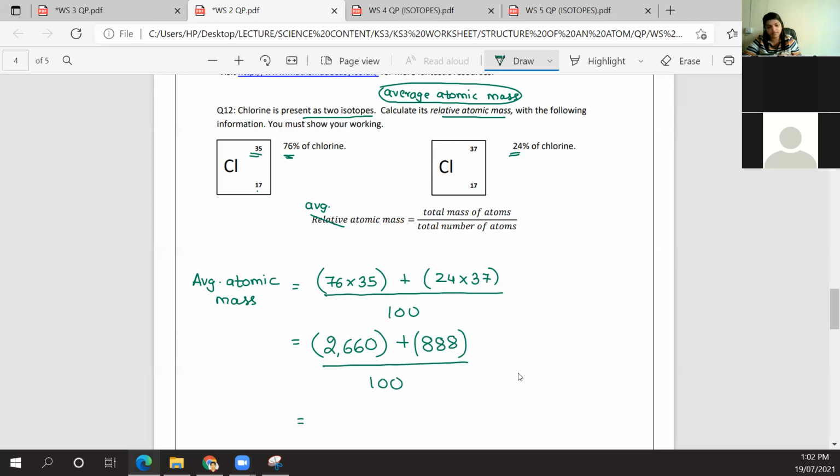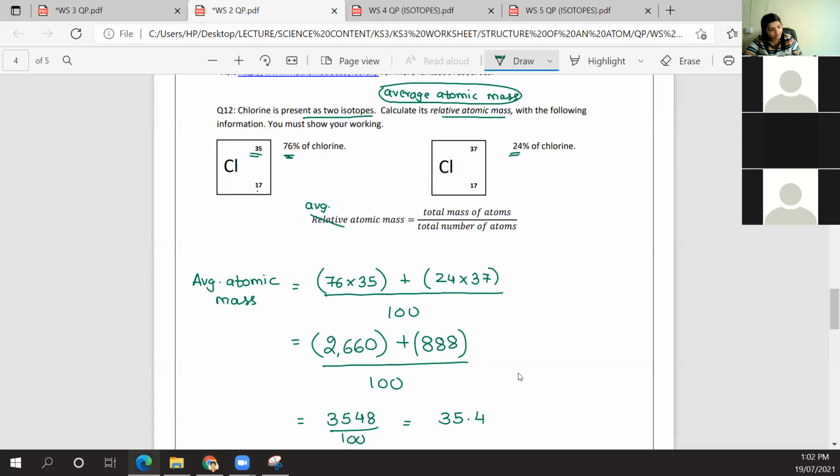That gives 3548 upon 100, which is 35.48. So this is my average atomic mass of chlorine.